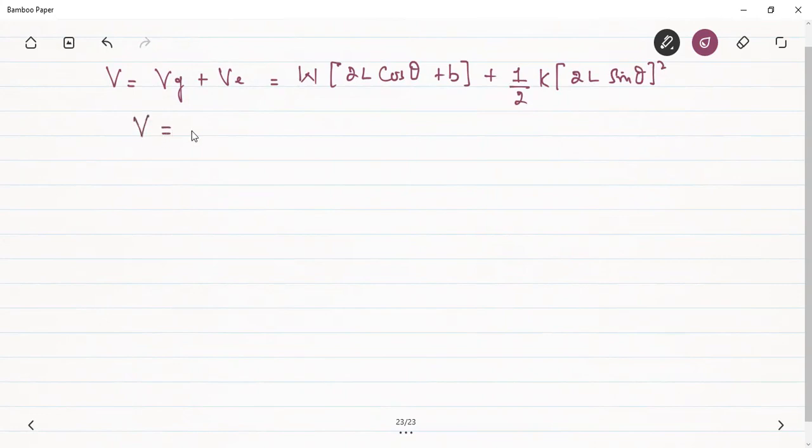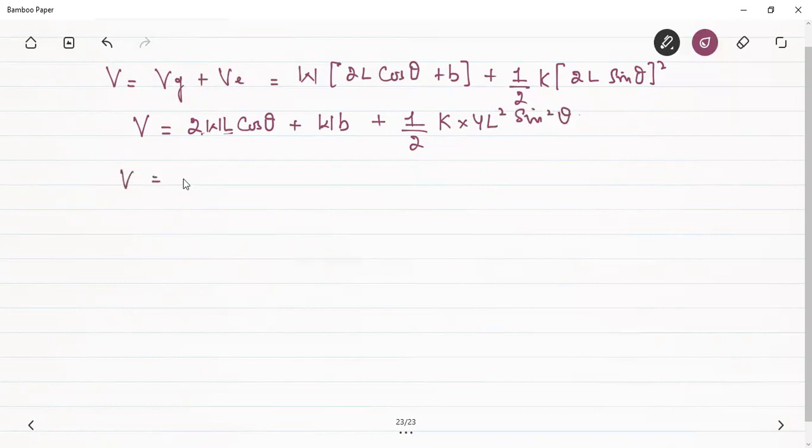So V will be equal to 2WL cos theta plus WB plus 1 by 2 k into 4L square sine square theta.